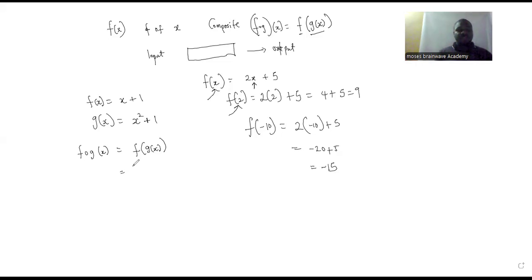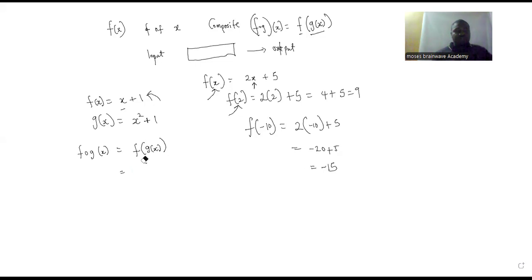So first of all, I have my f. I will go to f. Whenever I see x, I'm going to substitute g of x. How cool is that? So g of x is like having a function.